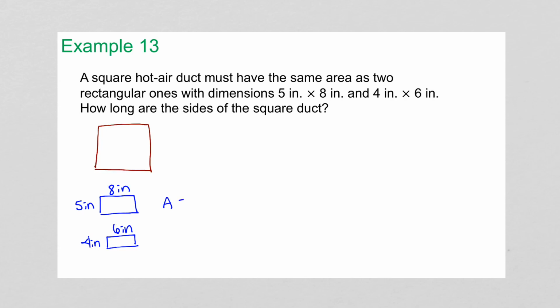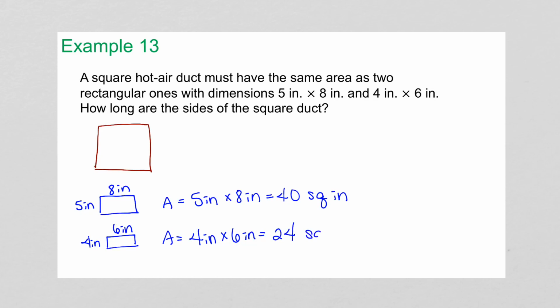Okay, so we need to find the area of each of these. The first one is 40 square inches, and the second is 24 square inches.